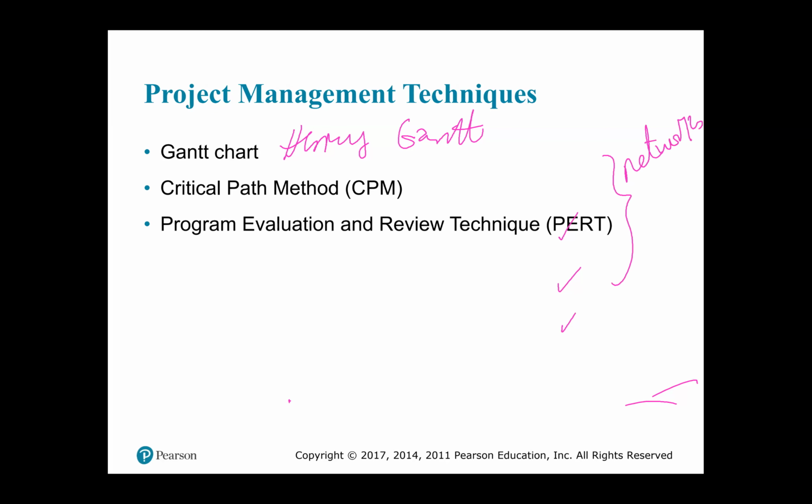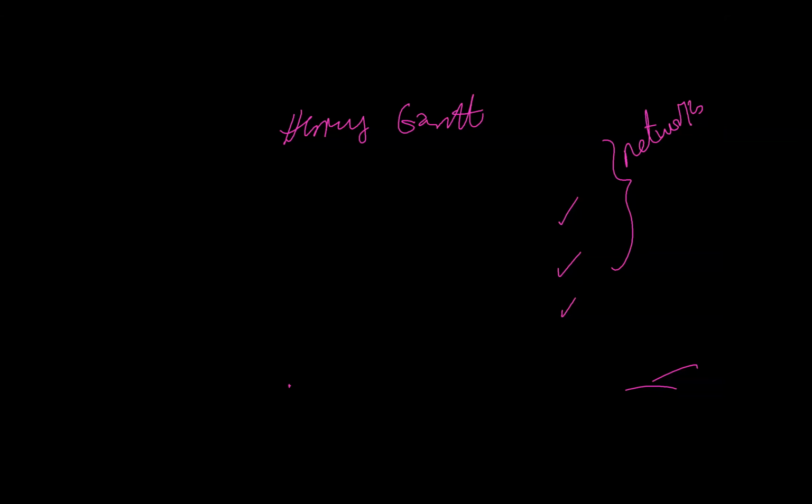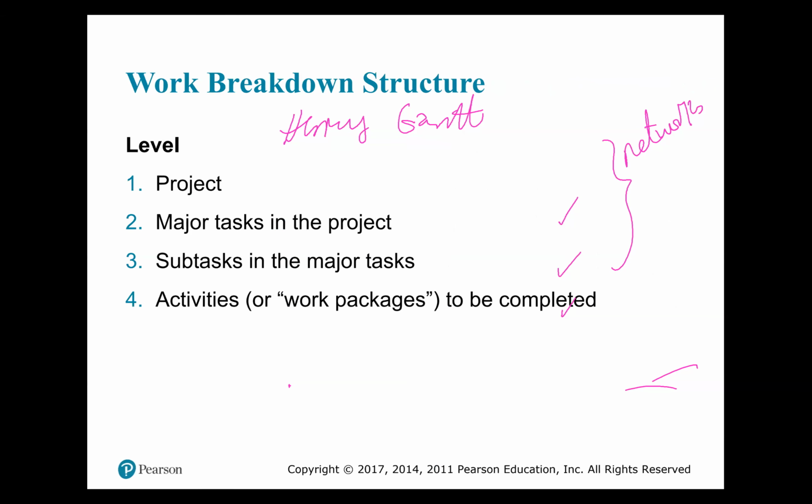The networks are either drawn on the critical path method principle or the project evaluation review technique principle. Now, in order to draw networks or even the Gantt chart, we need what is called the work breakdown structure. Let me erase the word right here.